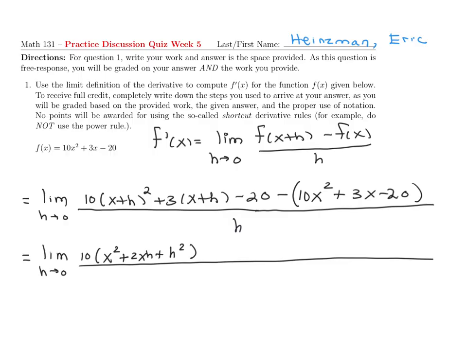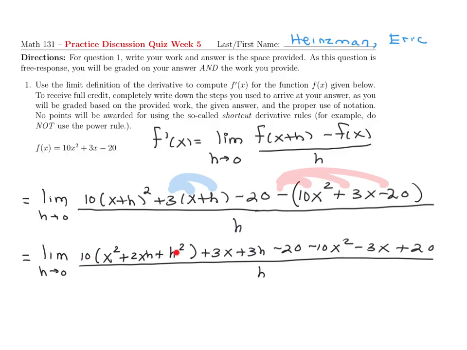If you distribute the 3 into the parentheses for the next piece, we get plus 3x plus 3h minus 20. And then you have to be careful to distribute the negative to all 3 terms here. And that will give us minus 10x squared minus 3x, but then plus 20. And we're still dividing by h.